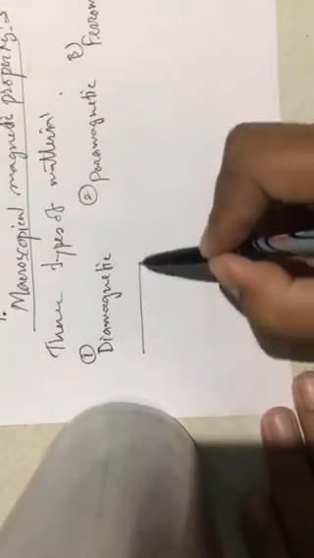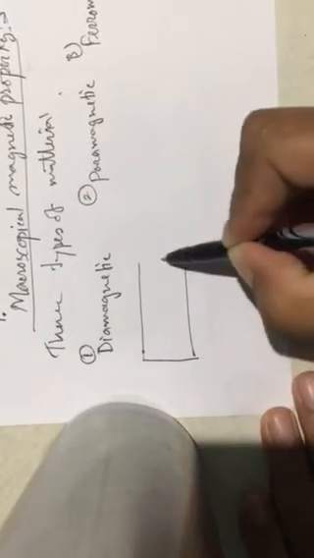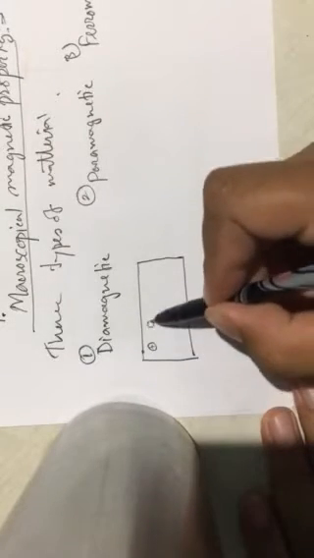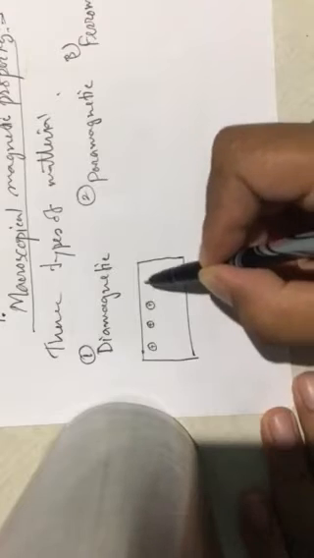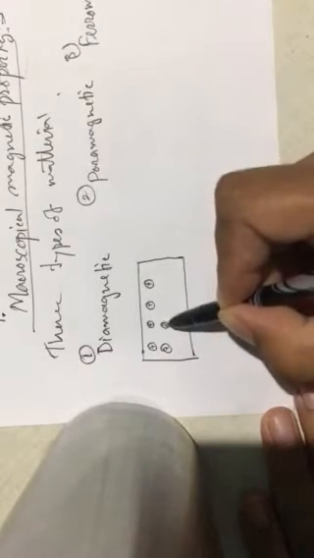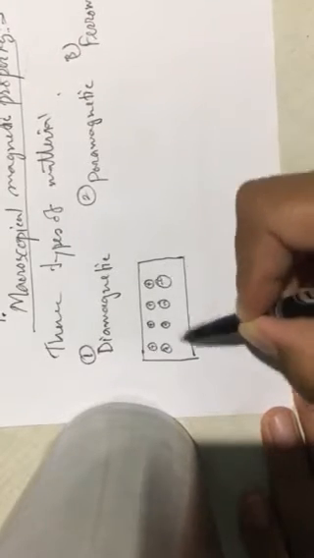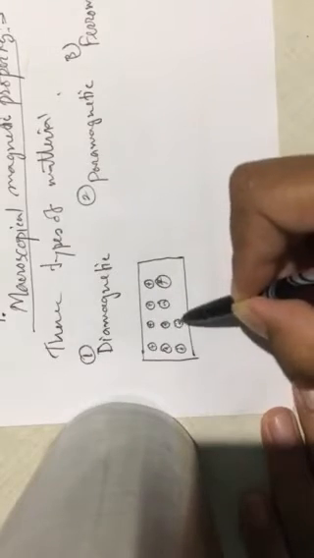So in case of diamagnetic, we will understand diagrammatically first. So suppose this is a diamagnetic material. So there are atoms, okay.